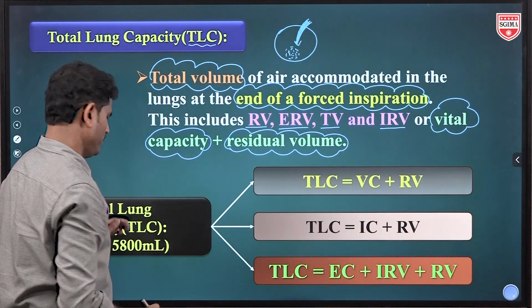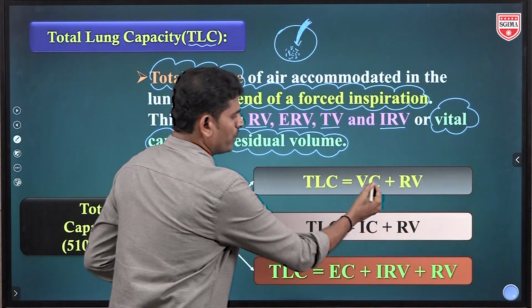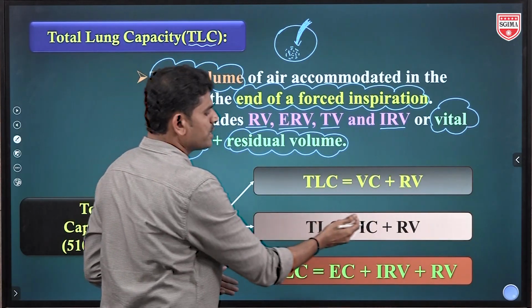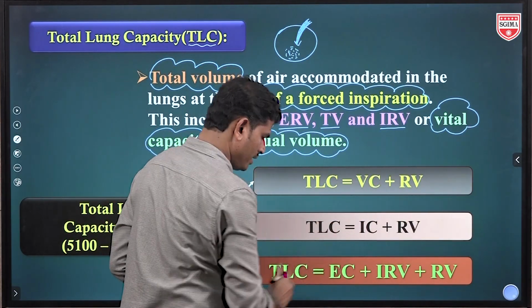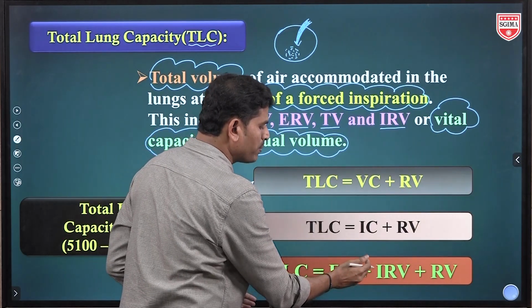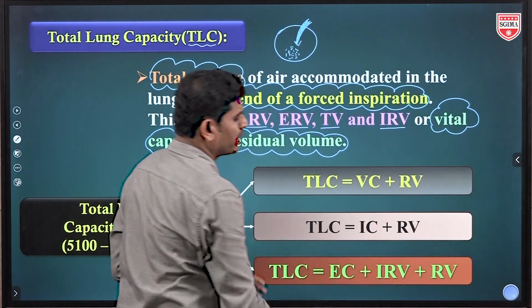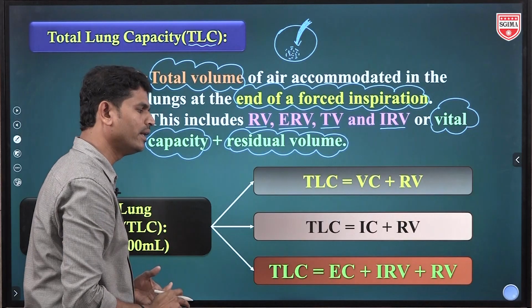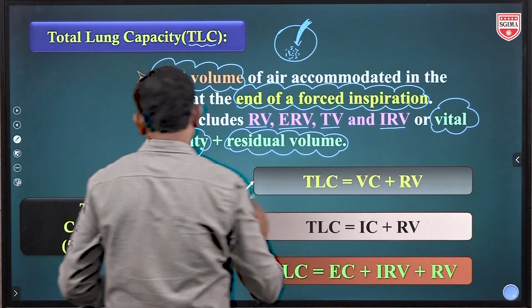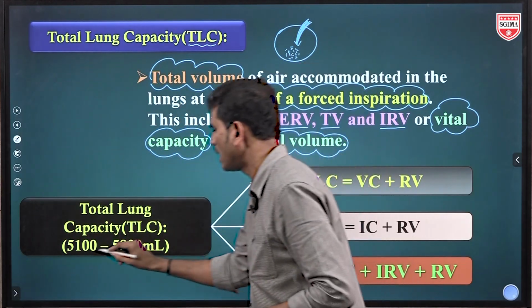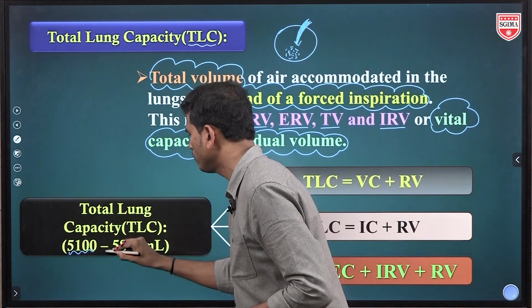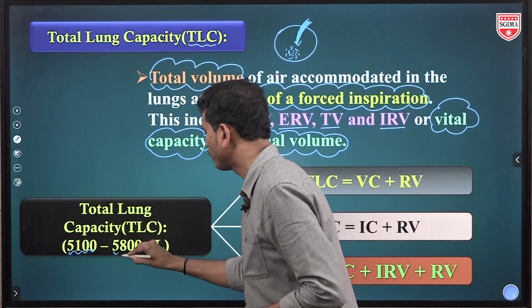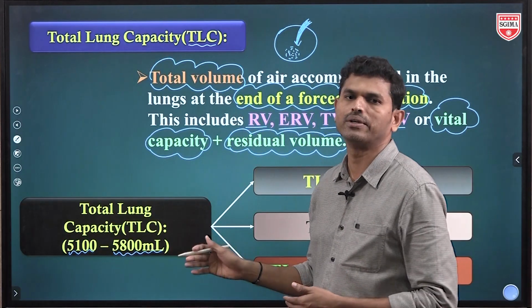So TLC is equal to VC plus RV, TLC is equal to IC plus RV, TLC is equal to EC plus IRV plus RV. We can define this in these other modes also. Its total volume is 5100 ml to 5800 ml.